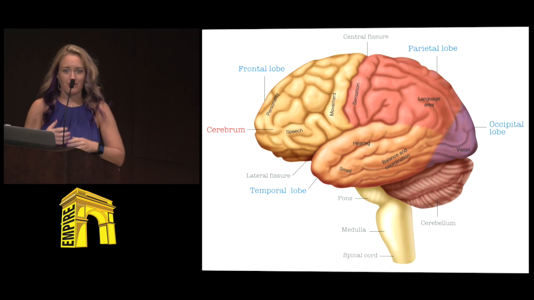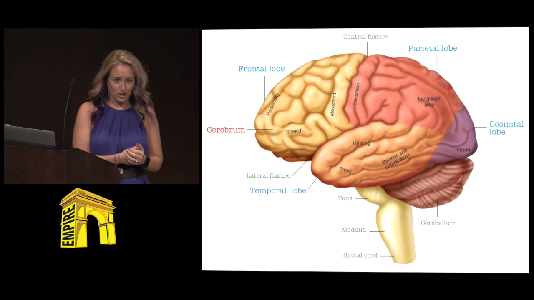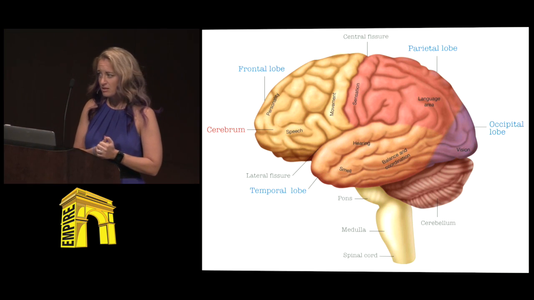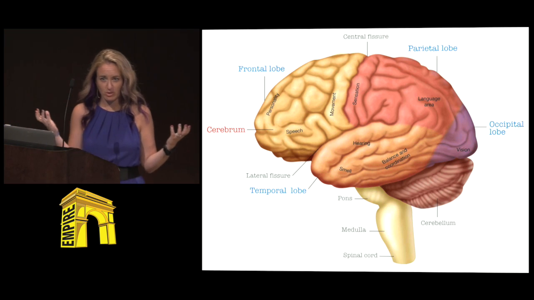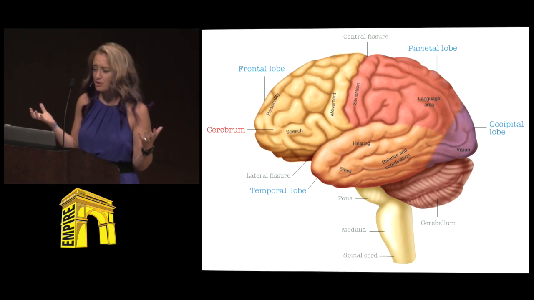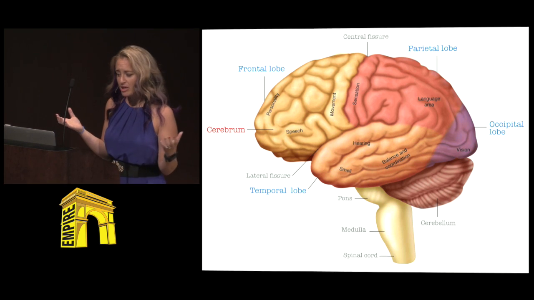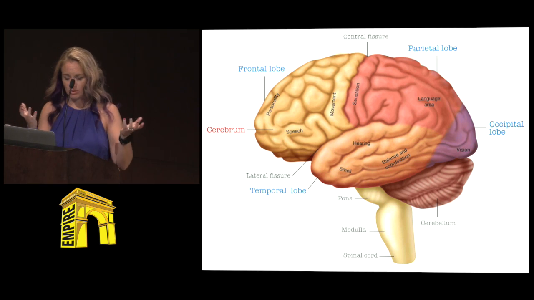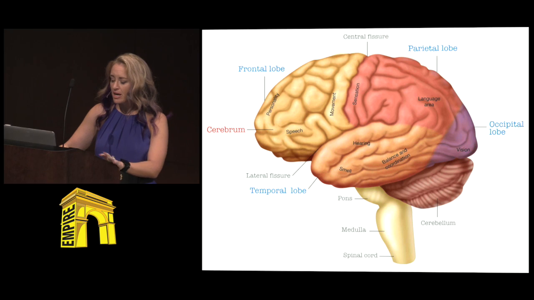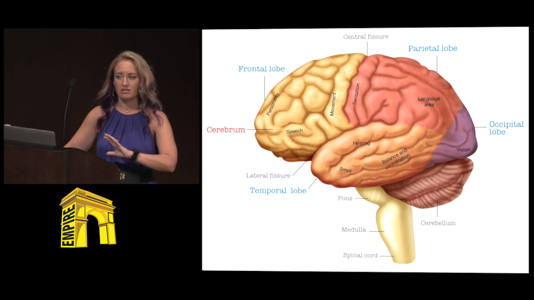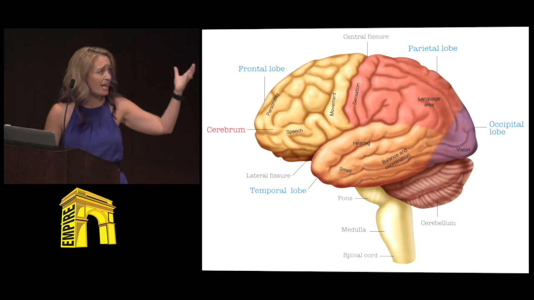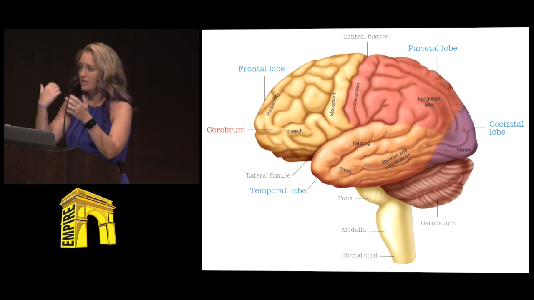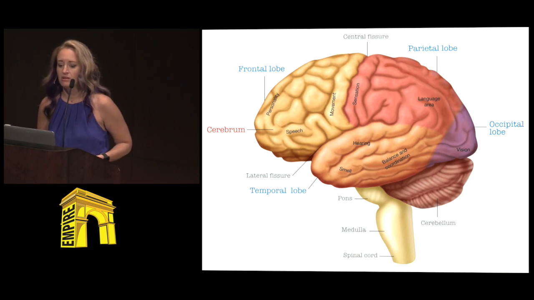Which also means that if this area of the brain gets injured, you have a mess. There was a recent movie out called Concussion. Did anybody see that movie? Will Smith? About the doctor from UC Davis who's actually the medical examiner now in San Joaquin County, which is right where we live. That whole movie and concussive syndrome, CTE, is about what happens if you repeatedly hit that frontal lobe of your brain.